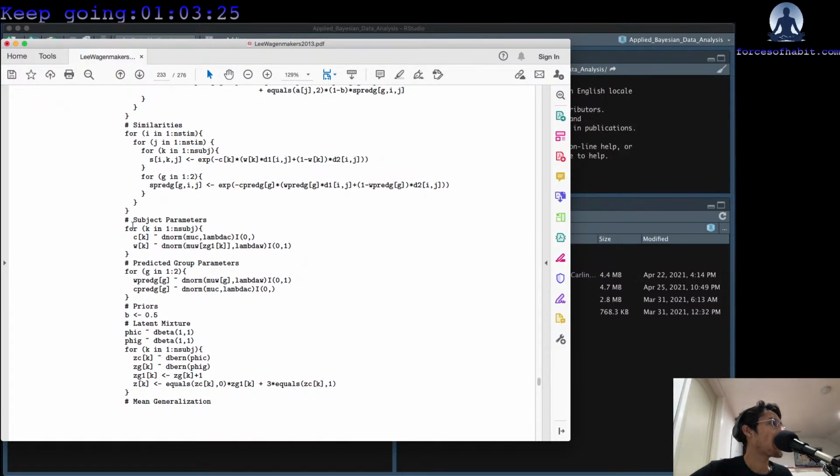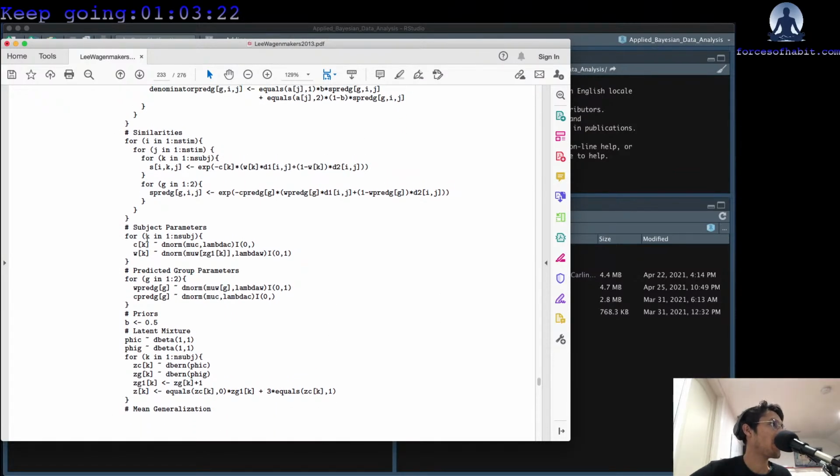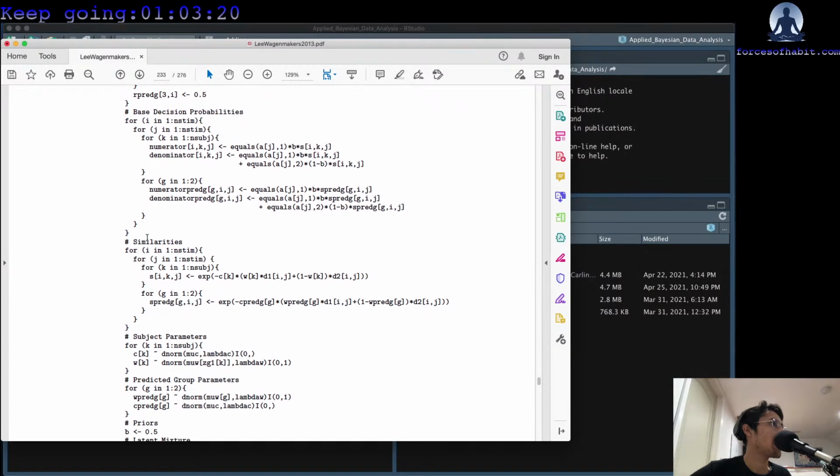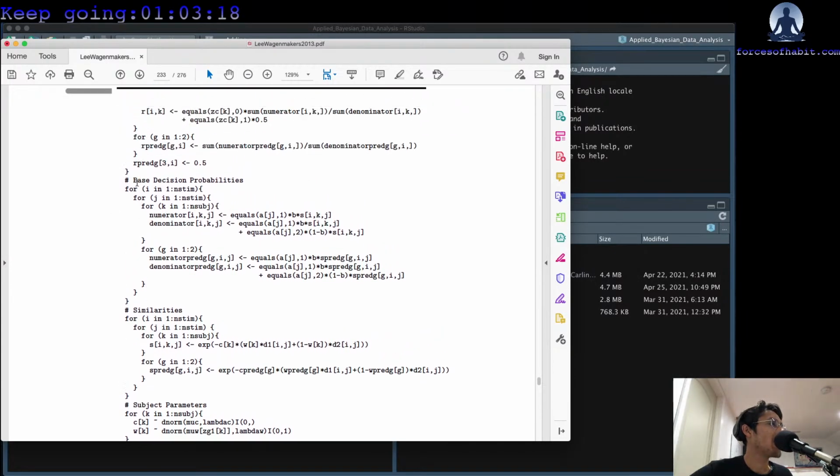Right? Now for subjects, parameters. Oh, nope. Sorry, too far. Now we have to specify what is numerator, what is denominator. And then the decision probabilities for the groupings for the joint items. So we need to specify for specific groupings, there's going to be item.